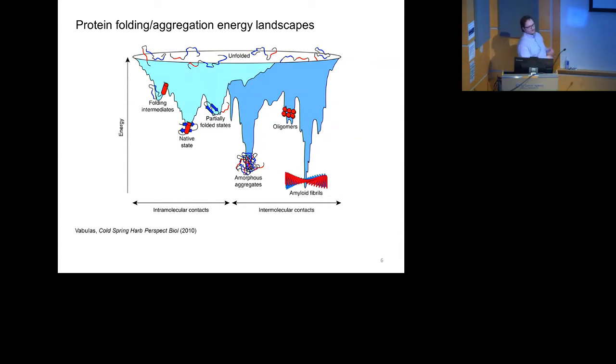But there are activation barriers to go over to get to the aggregated state. Now, basically, there hadn't really been any experimental measurements of the conformational energy landscape for protein aggregation. So if you look through review papers, you see lots of these sort of cartoon energy landscapes.